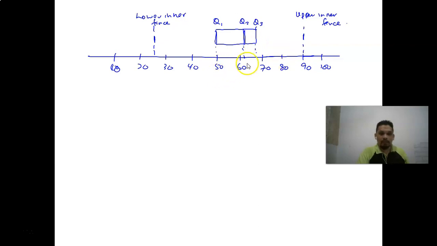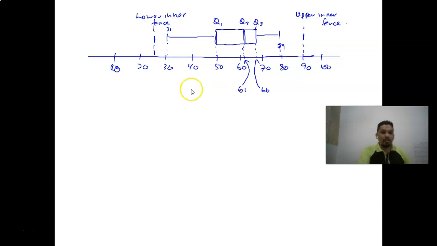And also 79, and also 31. There you go. The value of 79, and also here is for 31.